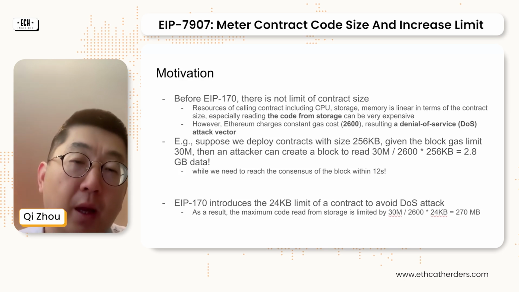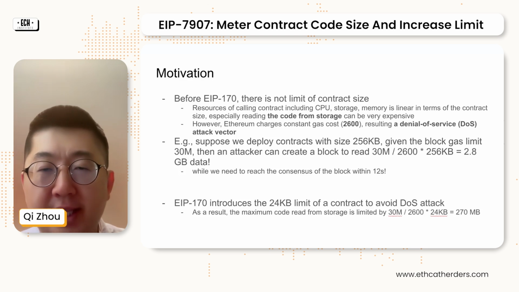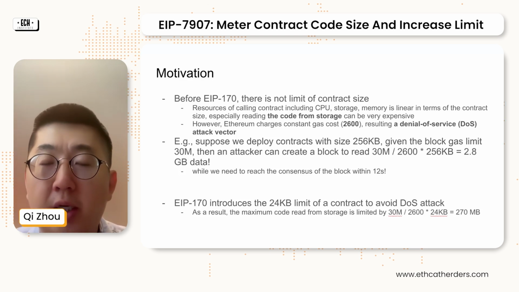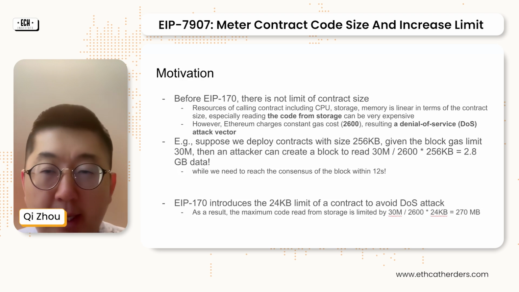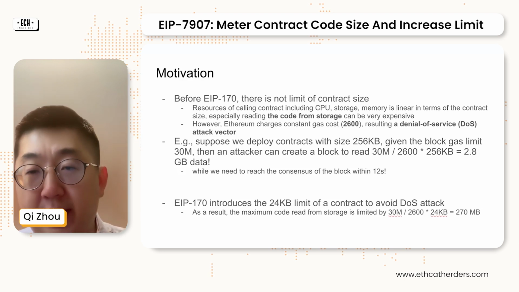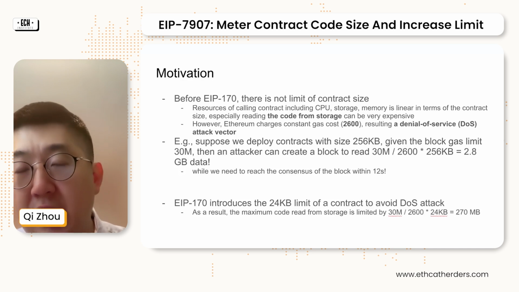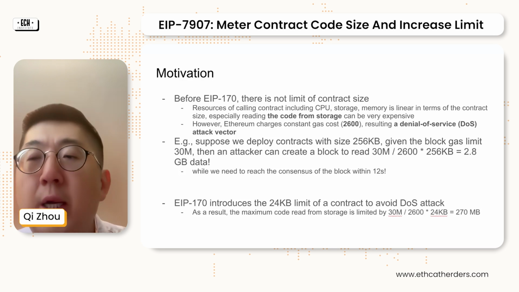And then an attacker can potentially create a transaction within the block that takes all the gas, that is the 30 million, and then read all those 256 KB contracts in a single transaction or multiple transactions using only 2,600 per call.